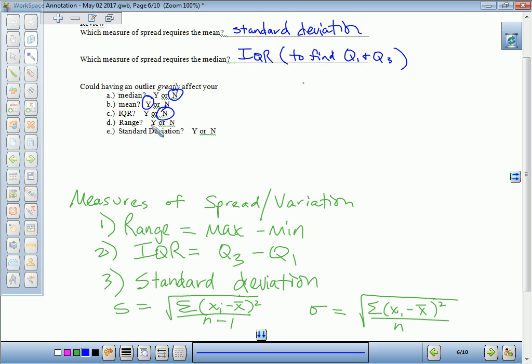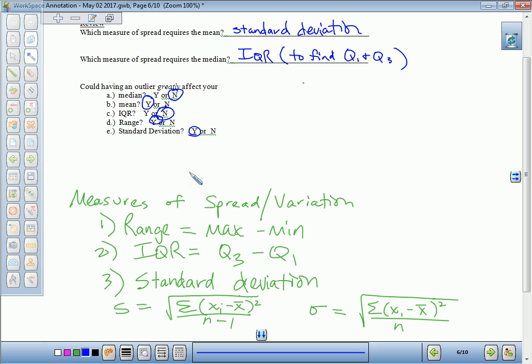Is the range affected by your outliers? Yes, because you use those outliers when finding the range if you have outliers. Now, if the mean is affected, look at standard deviation. What do you see in both of these formulas? Mean. So if the mean is affected, the standard deviation is also affected.